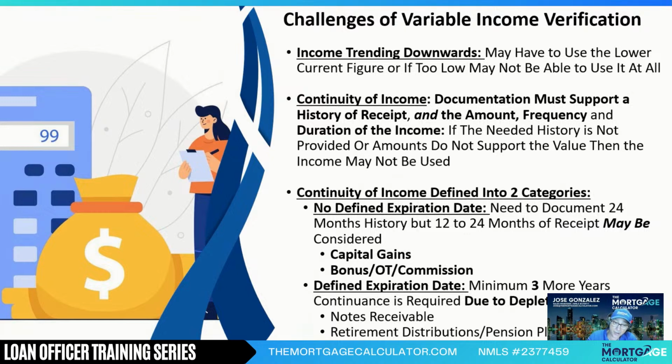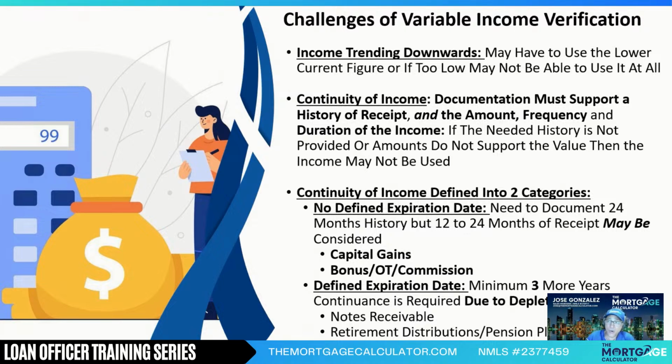And remember, unless you're a professional home flipper, if you just happen to sell a home this year, you're not going to get capital gains added to your income for analysis purposes from just one capital gains transaction. It has to be a recurring thing. And then bonus, overtime, and commissions are other variable income with no defined expiration dates, that is going to be a challenge to be able to determine the amount.